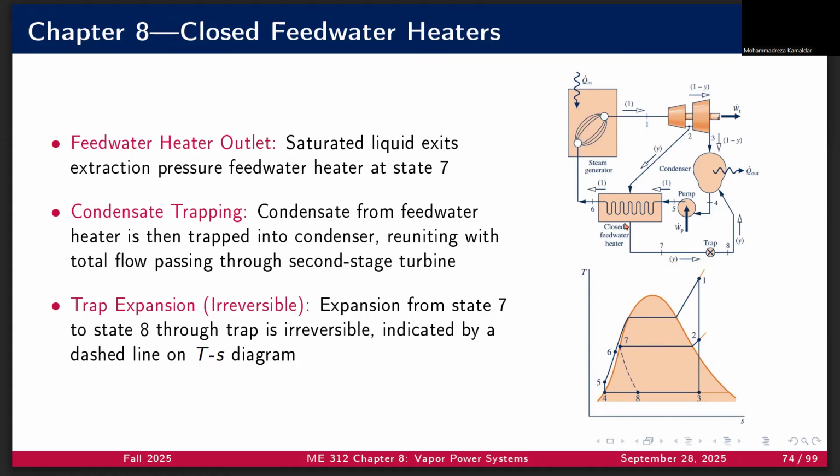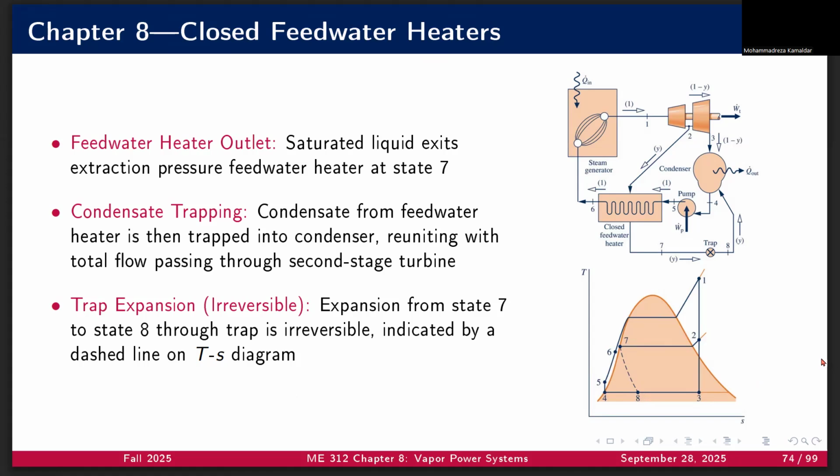Basically, the condensate leaves as saturated liquid at state 7, as you see here, and the pressure is the extraction pressure, same as state 2. So on the TS diagram, this state 7 lies on the saturated liquid line, corresponding to the extraction pressure. This condensate trapping that happens from state 7 to state 8 is shown using this dashed line.